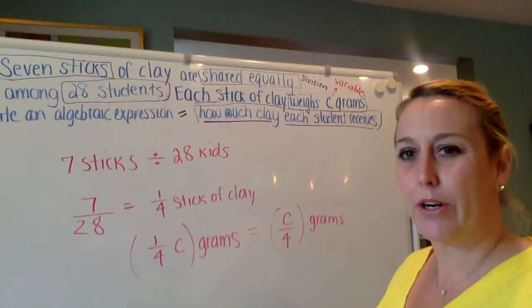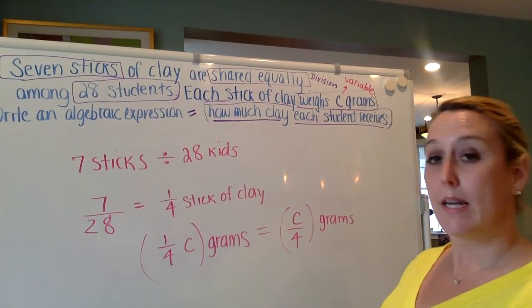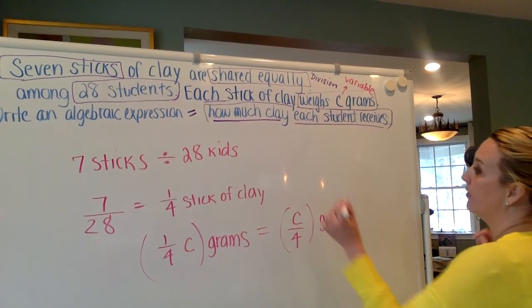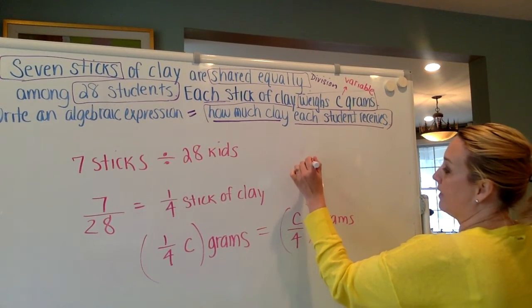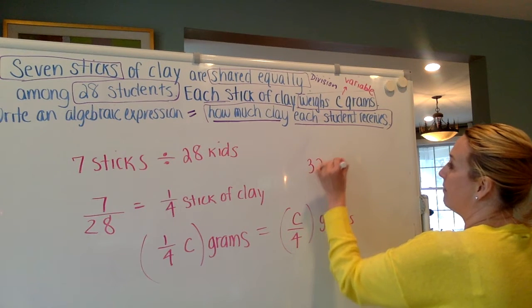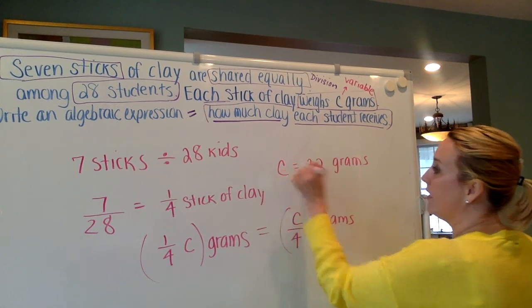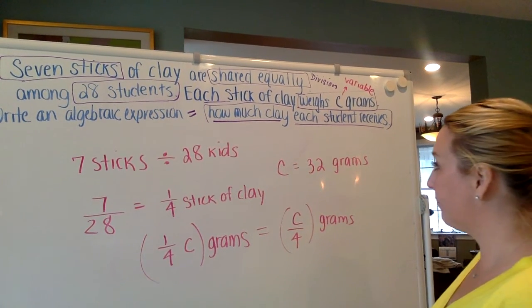And you're like, Mrs. Hayward, no way, I don't believe you. Well, now I'm going to substitute. Let's say that they had a total of, I'm just going to make this up, 32 grams. So I'm saying C is equal to 32.